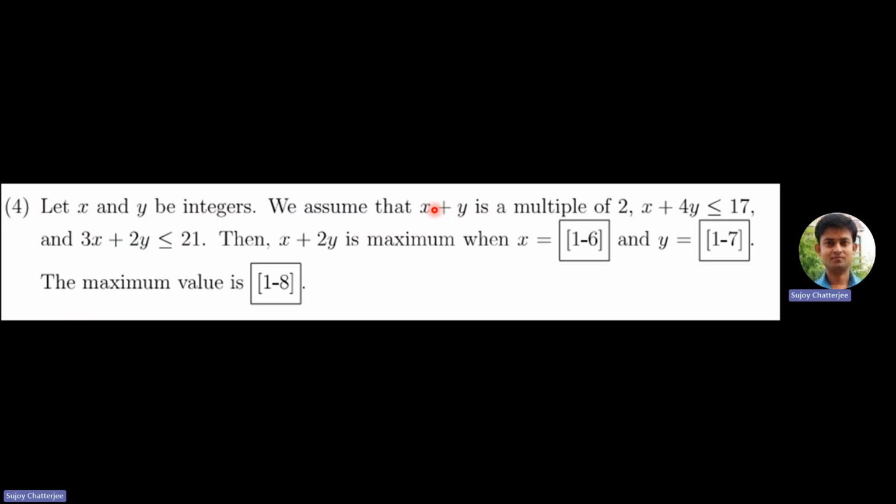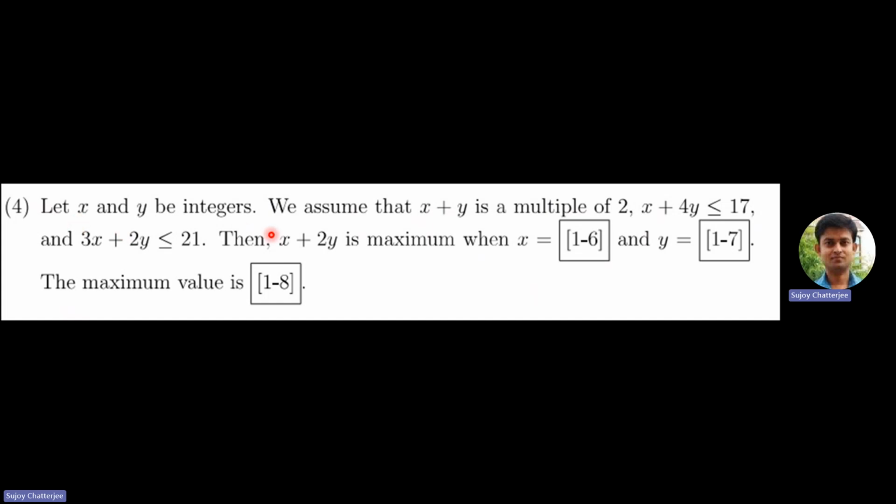So this question is from the topic of inequalities. So let x and y be integers. We assume that x plus y is a multiple of 2. So this is a very useful criteria. Then x plus 4y is less than or equal to 17, and 3x plus 2y is less than or equal to 19.